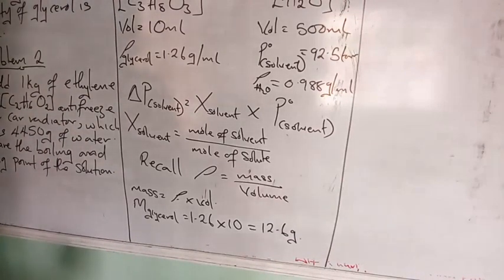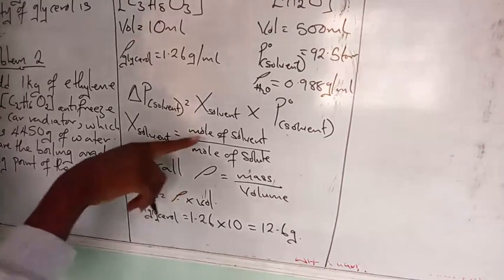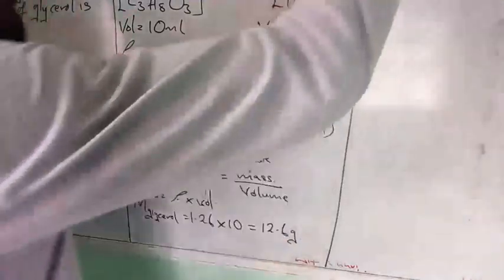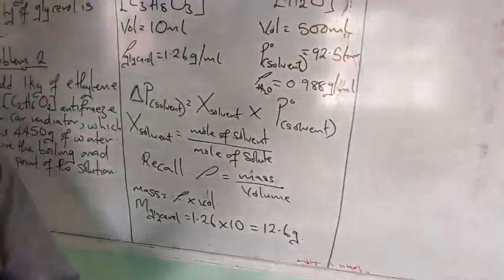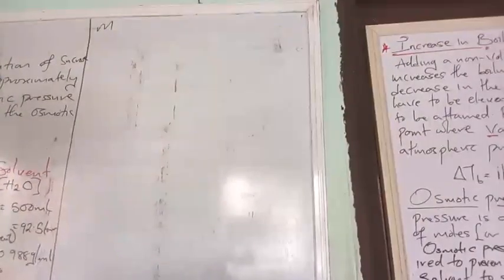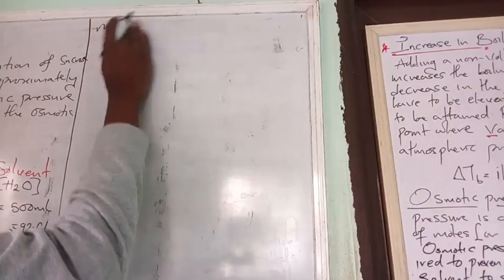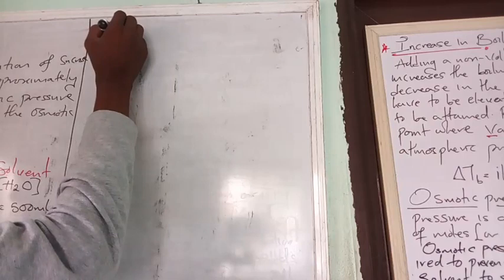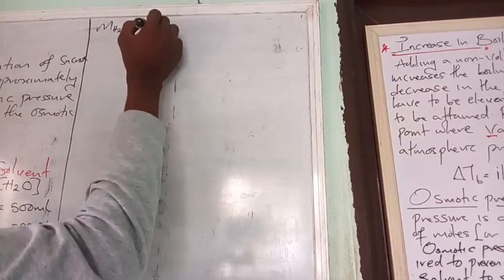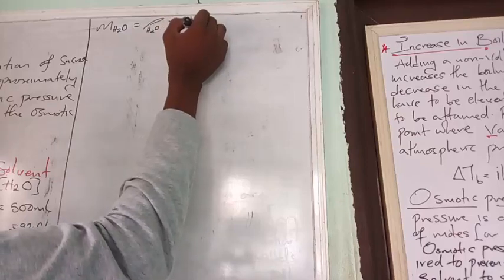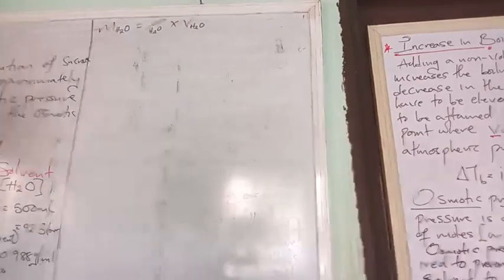Are you getting that now? And what we need actually is the mole. Or let's first get the mass of water also. So we know that the mass of water is equal to the density of water times the volume of water. This is where we recorded our water values.